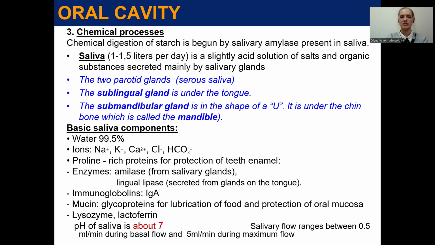The main salivary glands are the two parotid glands, the sublingual gland and the submandibular gland, which is U-shaped. The basic saliva components: it's water, of course, also ions: sodium, potassium, calcium, chlorine, hydrocarbonate.